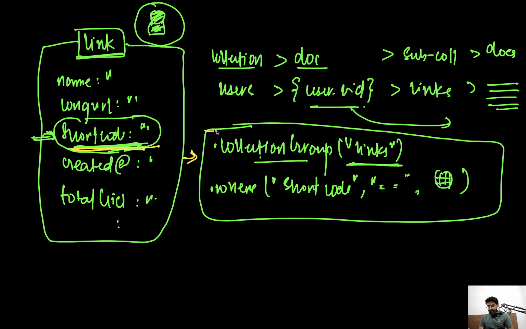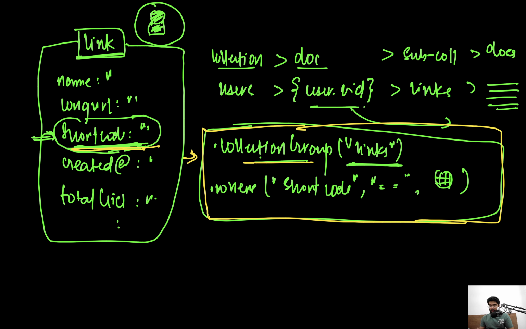We cannot run this query inside the security rules to check whether the shortcode is already being used by a link, and then not create that document. It's not possible. We cannot run queries inside the security rules.